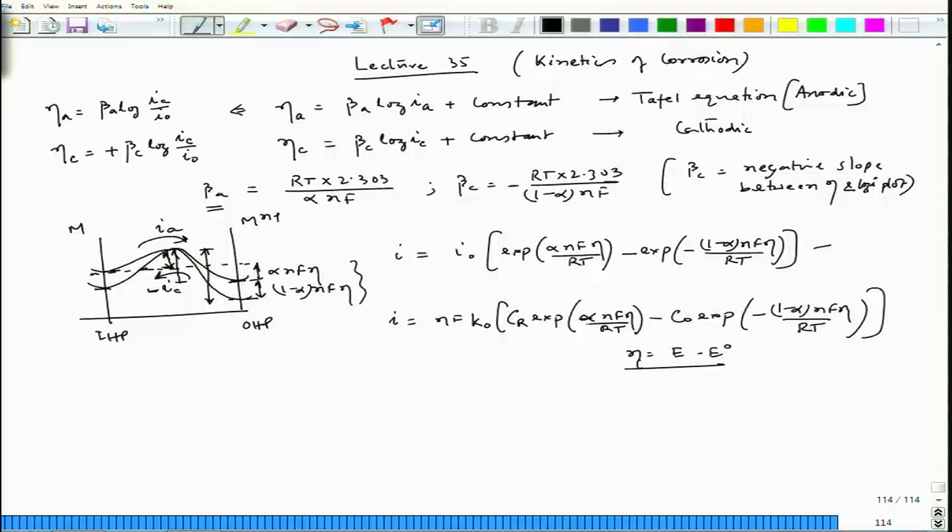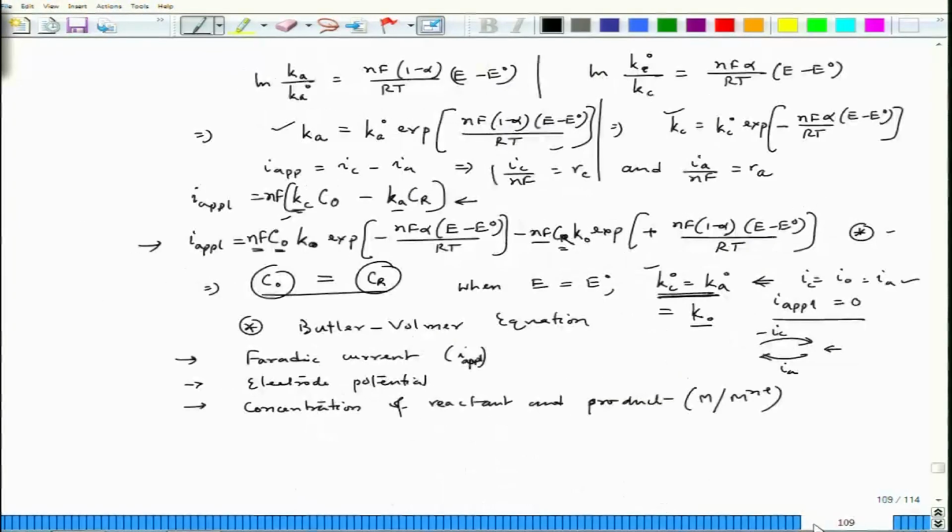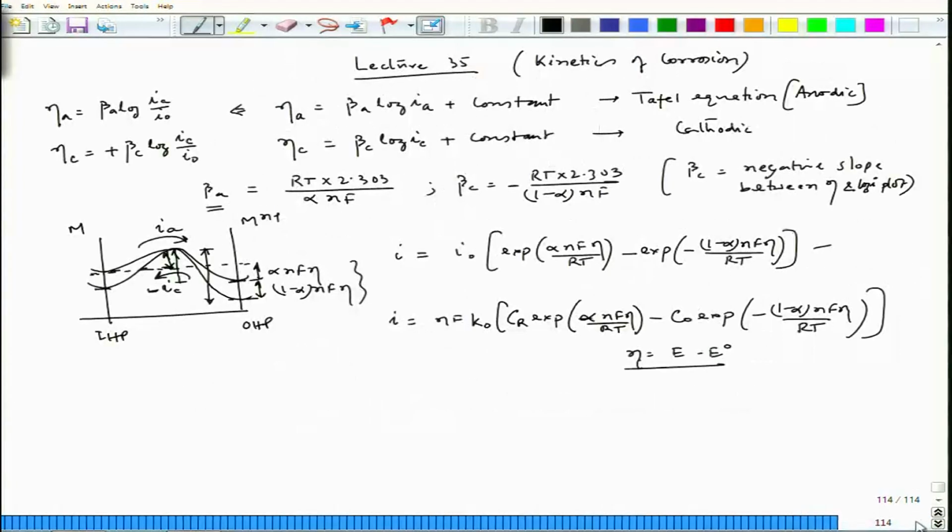And remember, in the previous expression we saw earlier, we considered a reductive symmetry factor, alpha was reductive, but in the current case we are considering an oxidative symmetry factor, which is why the Cr part comes before Co.